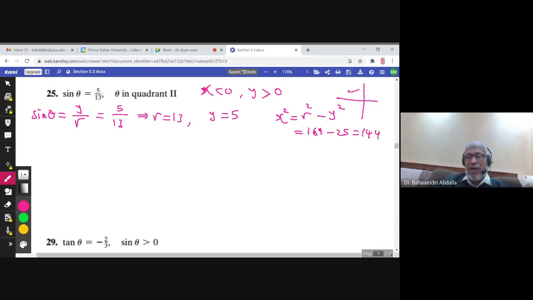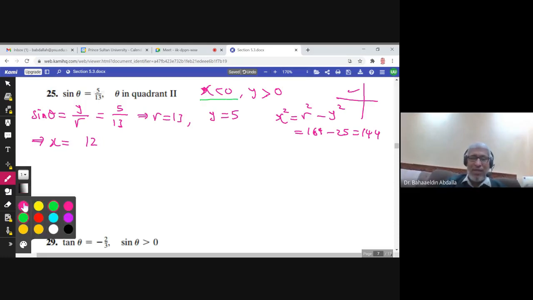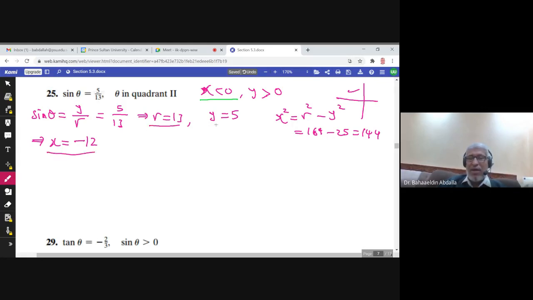So now x squared equals 144. So x could be positive or negative square root of 144, which is 12. Now let us look at the question. X is negative, so I put a minus sign here. Now I have x, r, and y, so I can find all the 6 trigonometric functions of theta.